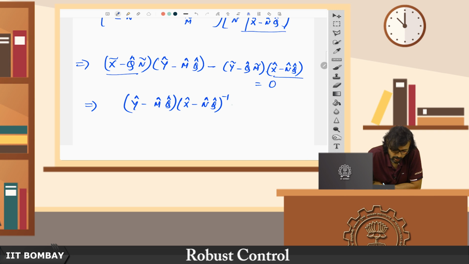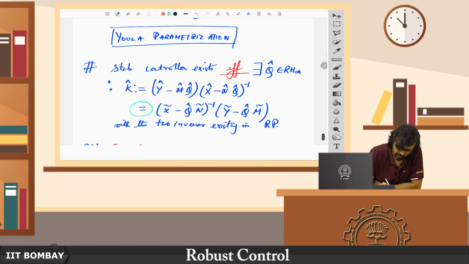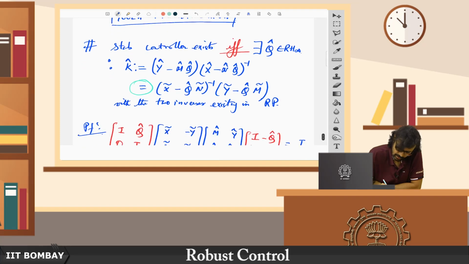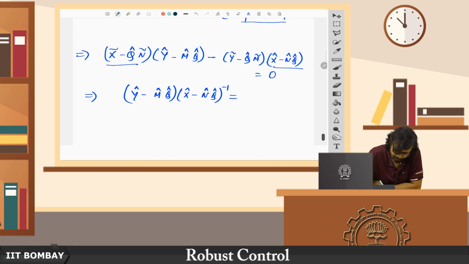So, the moment you have this inverse existing, if the first part of it is true, that is, these inverses exist, then you can see that this equality is going to be trivially true. And on this side you have x tilde minus q hat n tilde inverse times y tilde minus q hat m tilde.